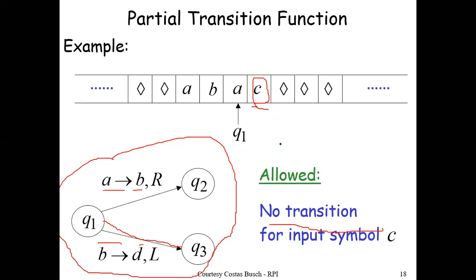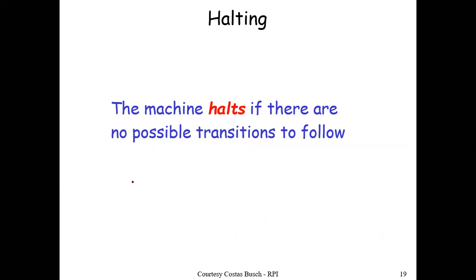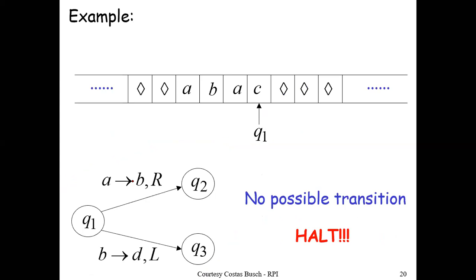It means if after reading A, writing B in the place of A, you move to C and your state is Q2, you cannot move out of Q2 because there is no transition for input C. So that's called halting. No possible transition to follow. Here you can see you are on Q2 and there is no possible transition, which means your machine is halted.